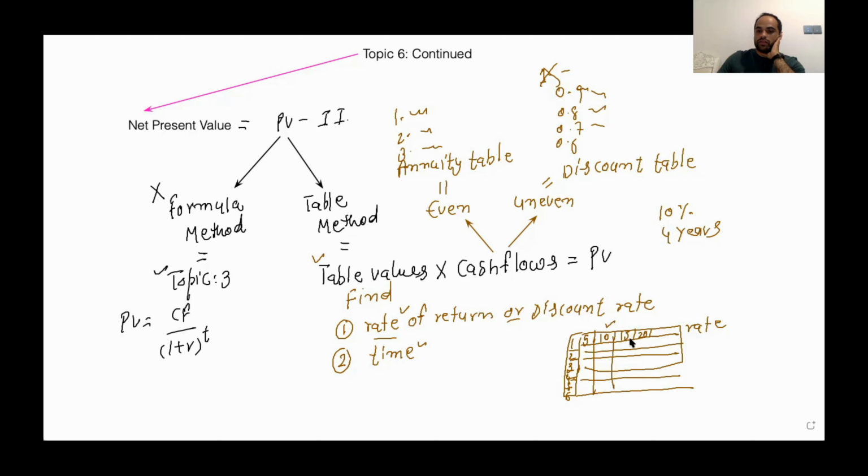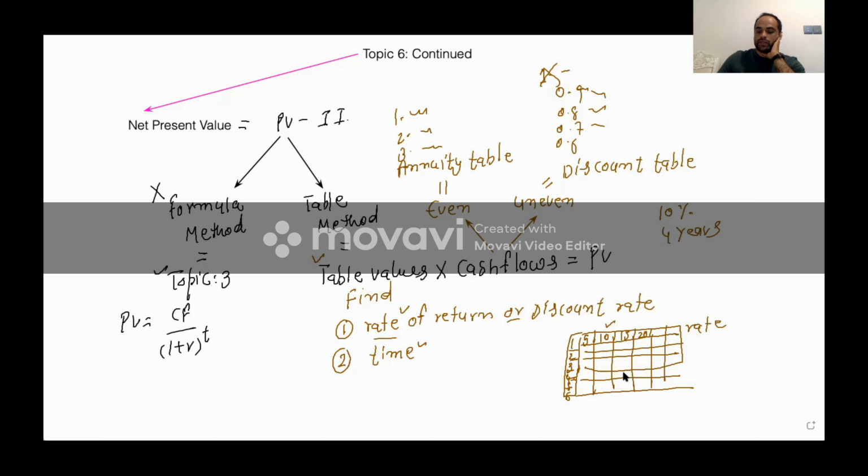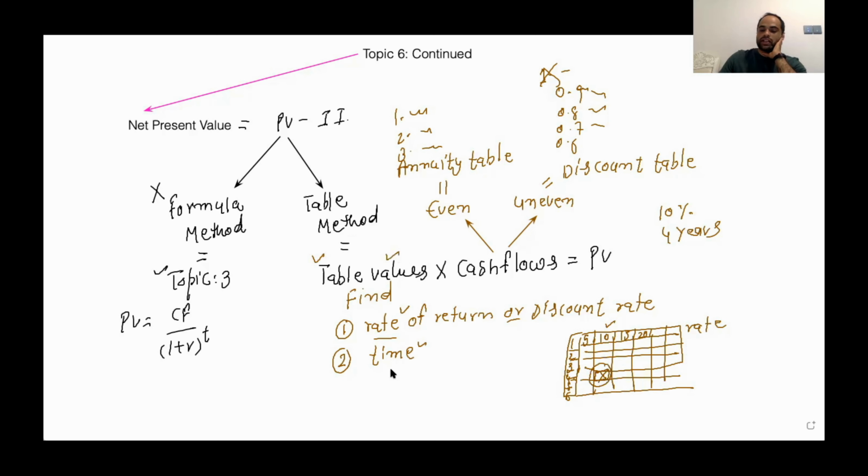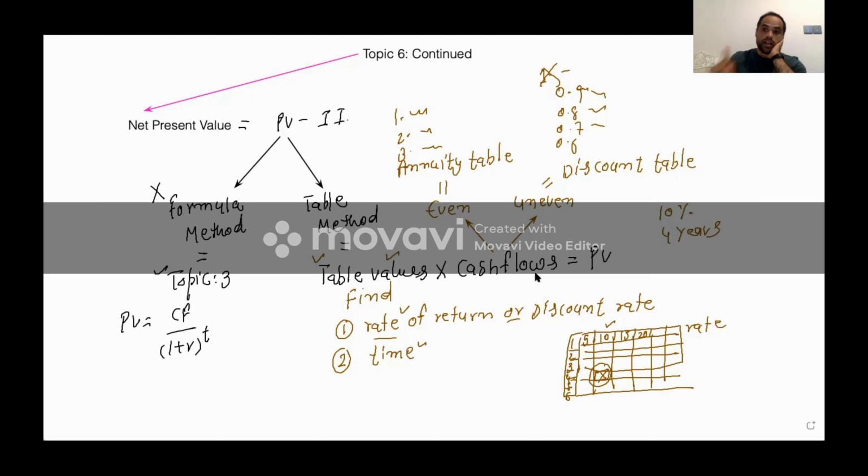Whatever the value is, you will pick that value and insert it here. That's the way to find the table value, and then multiply by the cash flows that will be given in your question.